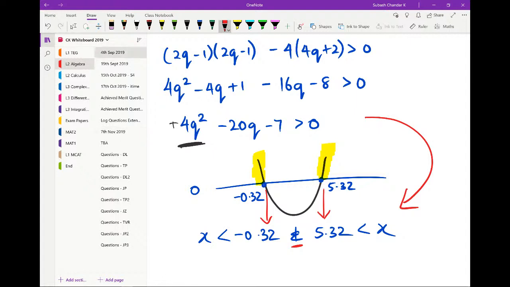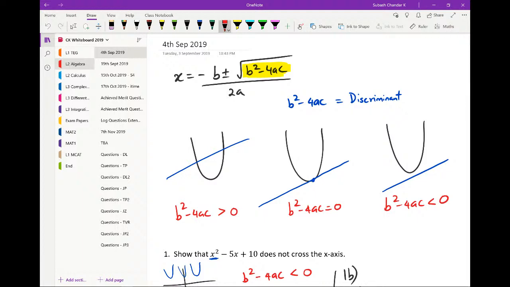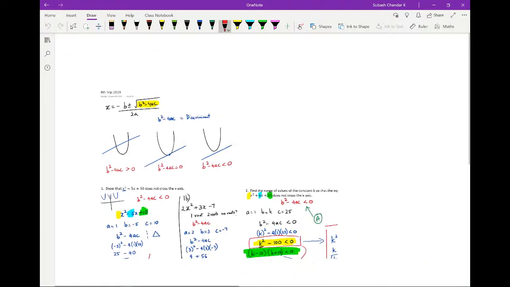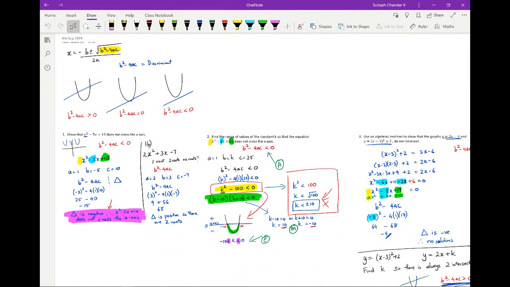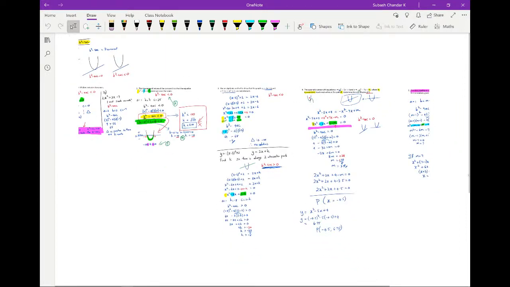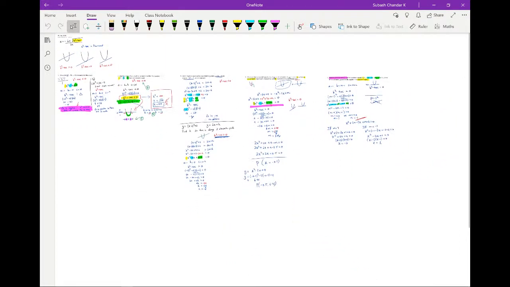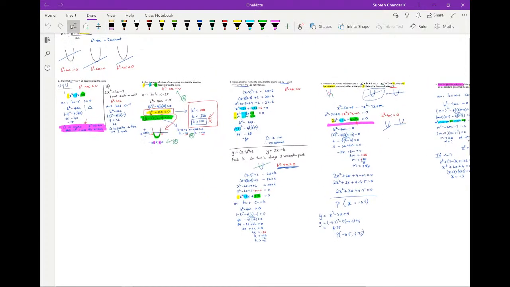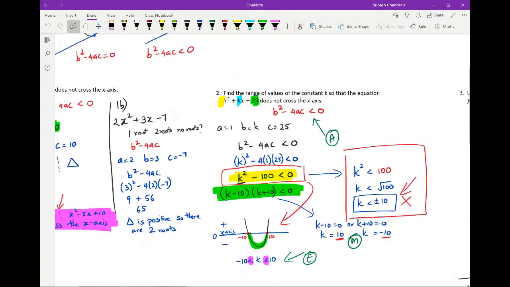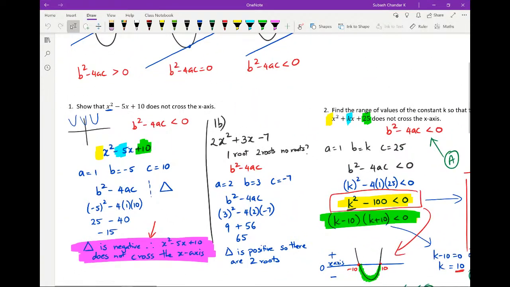And I think the tutorial that I did was on the 4th of September. If you go and have a look there, that video basically covers all of the discriminant stuff. But more importantly, I think it covers, did I cover that? Where did I cover it? Sorry, I'm just having a look at it. Yeah, so it covers different variations of that question that we've just done.